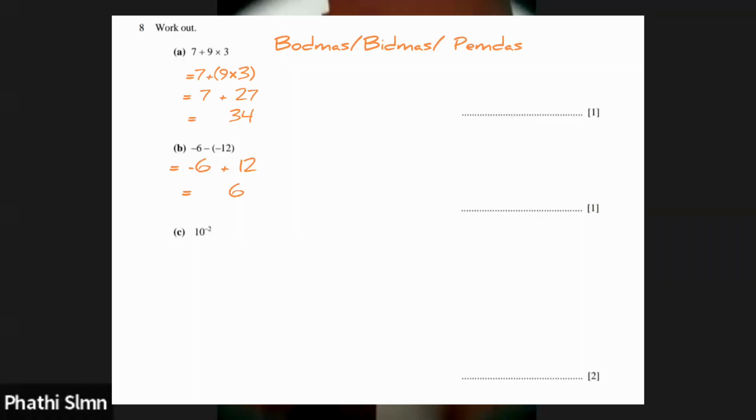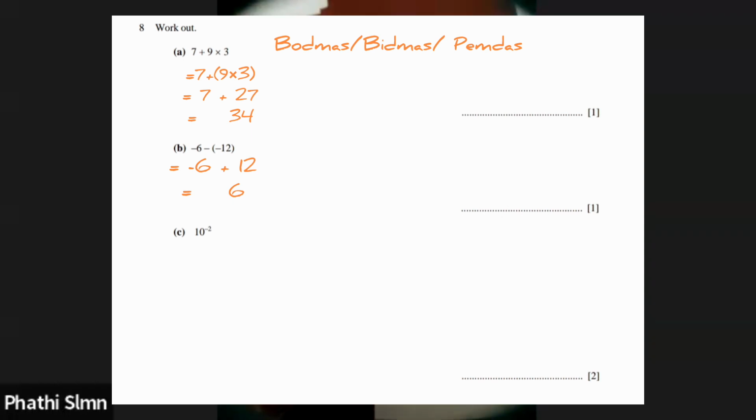We are still working out what is 10 to the power negative 2. What comes into your mind when you see such a problem? Laws of indices.